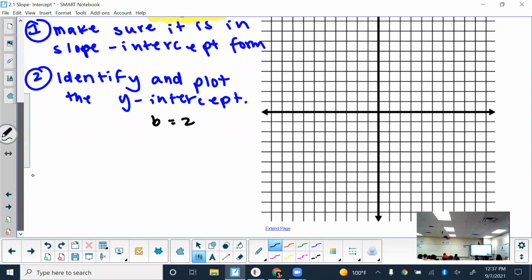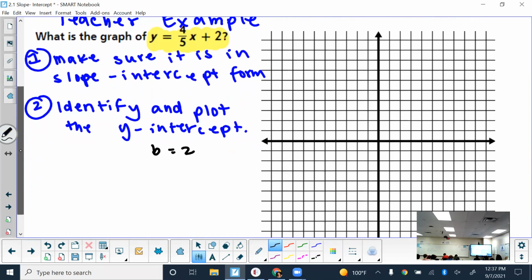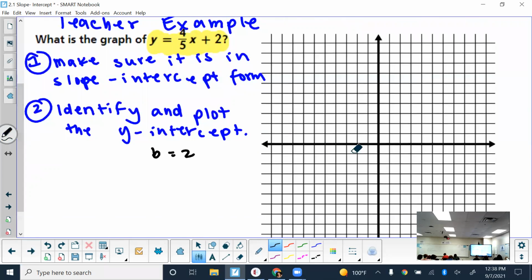All right, now before I plot this, we really need to make sure that we understand how these coordinate planes work. So pay attention, even if you think you already know, because some kids have been doing it wrong their whole lives. Is the vertical axis or the horizontal axis the y-axis? Which one is the y-axis, the vertical or the horizontal line?